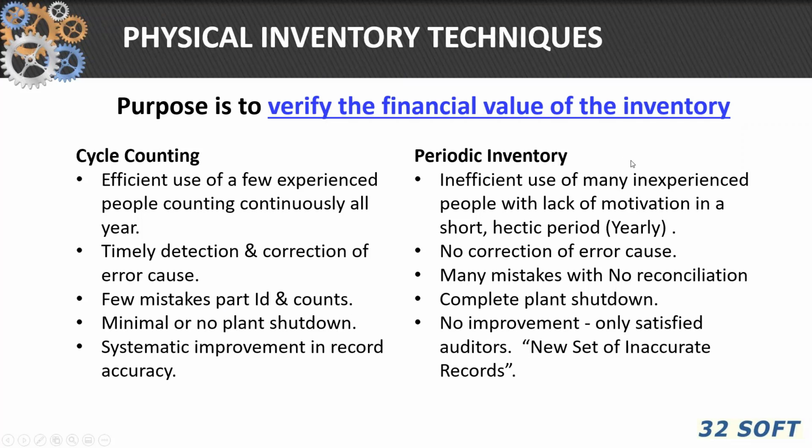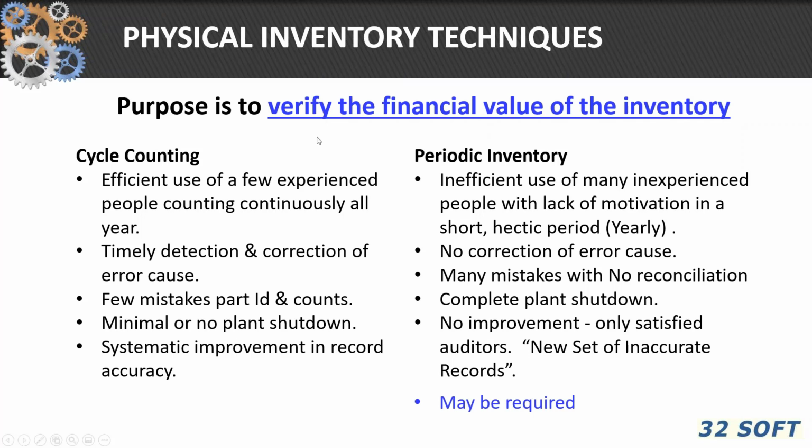Periodic inventory is probably a little more problematic because you're going to use lots of inexperienced people who lack motivation. There's usually no correction of causes of errors. There's lots of mistakes. You've got to shut down the plant for a couple of days, and really you've got a whole new set of inaccurate records with a physical inventory.